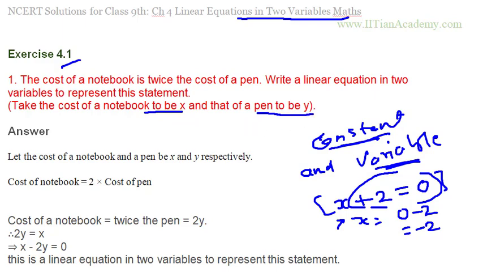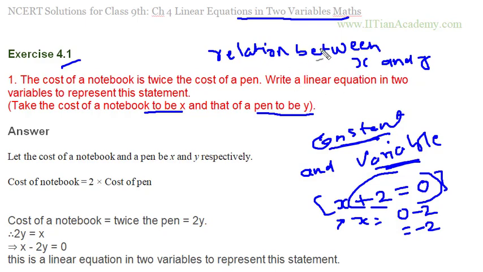So now the cost of the pen is y and the cost of the notebook is x, and it's asking us to find a relation between x and y.